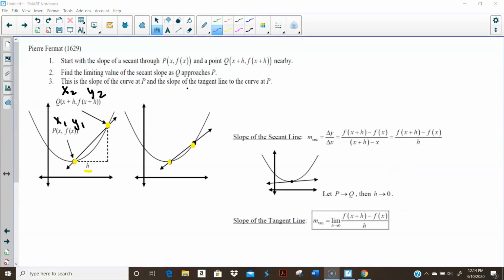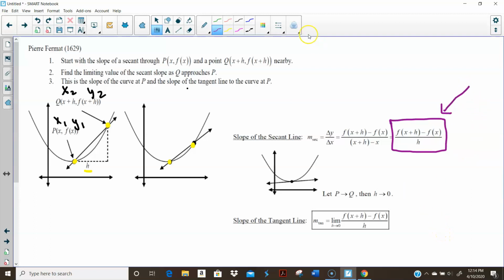So we just found the formula for the slope of that secant line. This might look really familiar as we have been using this function all year long.